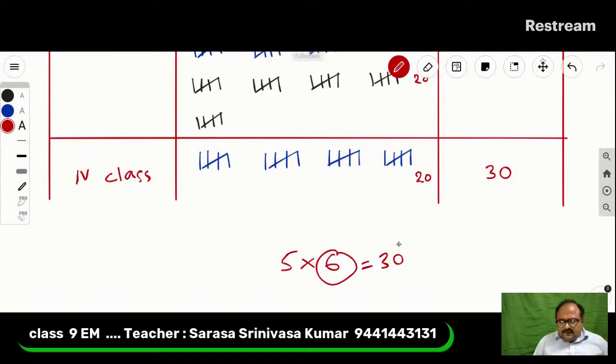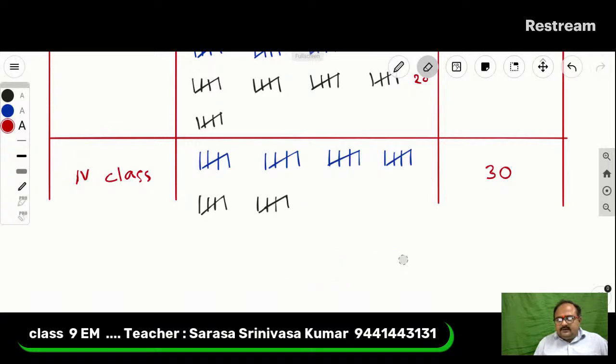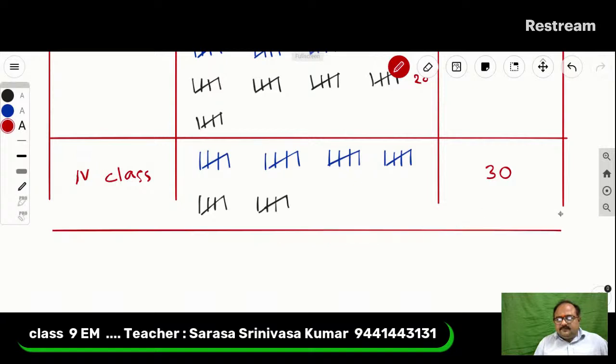Now I should write the remaining 10. 1, 2, 3, 4, 5. So here I have written 10. 20 plus 10 is 30. So here we have written the tally marks for class 4.